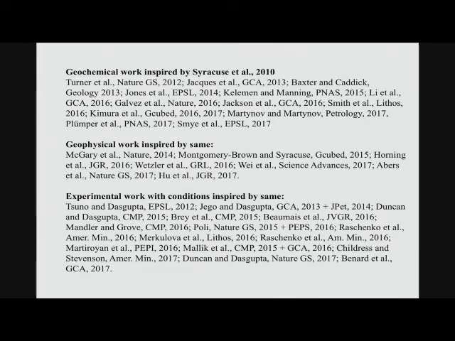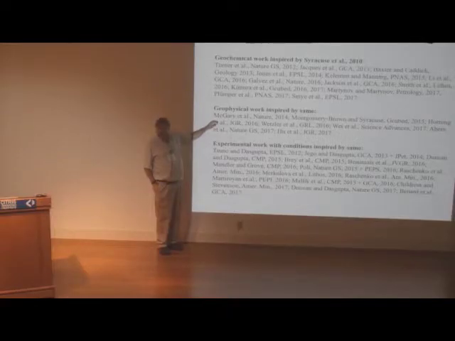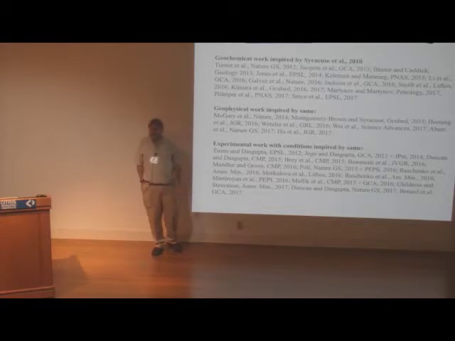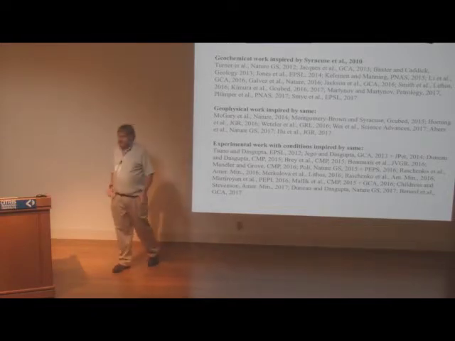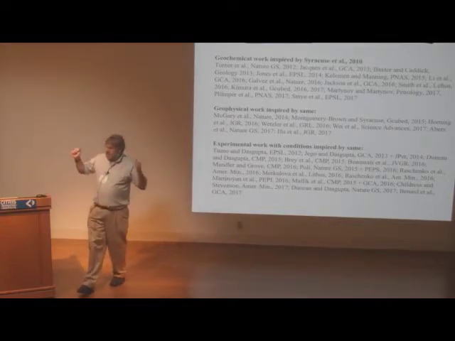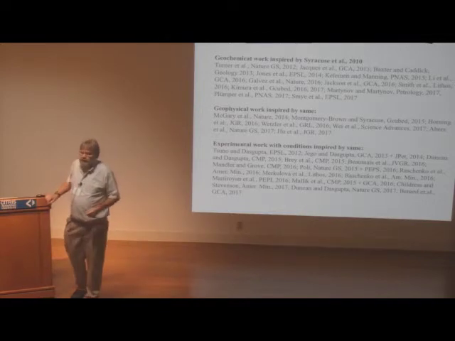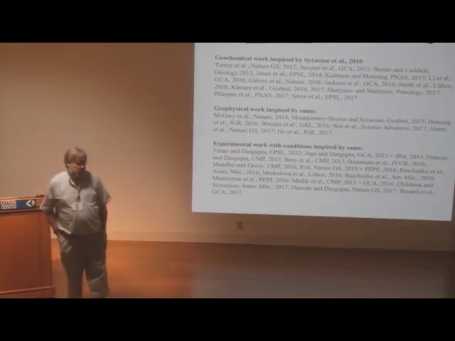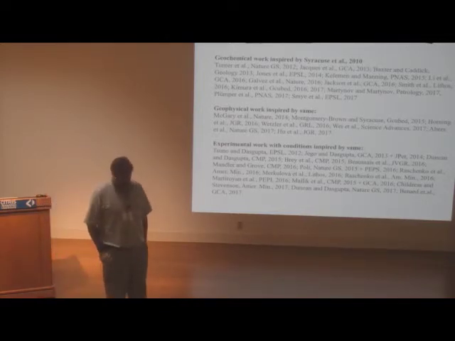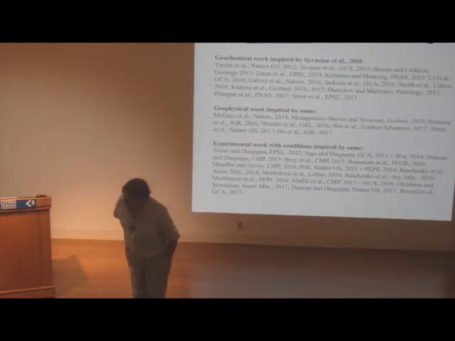They put our temperature profiles on top of an electromagnetic profile and said, hey, everything looks good. We inspired increasing amount of experimental work where people said, well, Syracuse et al. predict that the slab temperature is in this range, therefore our experiment should be at this pressure and temperature. If we are wrong, we have contaminated the literature for decades to come.